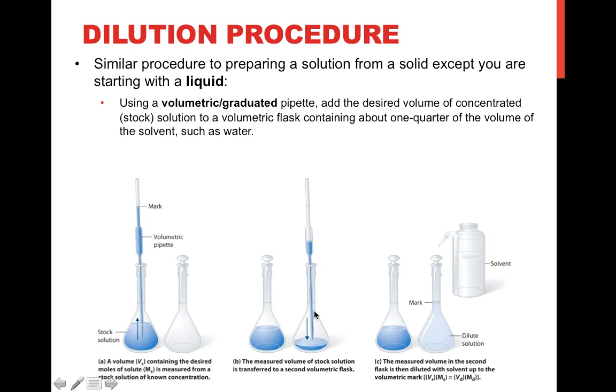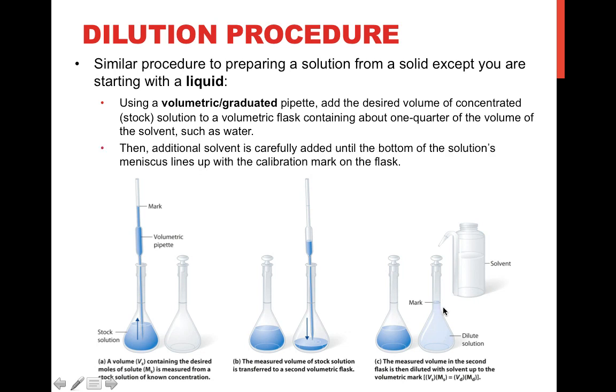We'll add in the liquid using our pipette. From there, we're going to shake it and then top up our volume to the top. It's basically the same idea, except our solute is already in solution, so we just need to use a pipette, whether it be a volumetric or a graduated, to measure its volume.